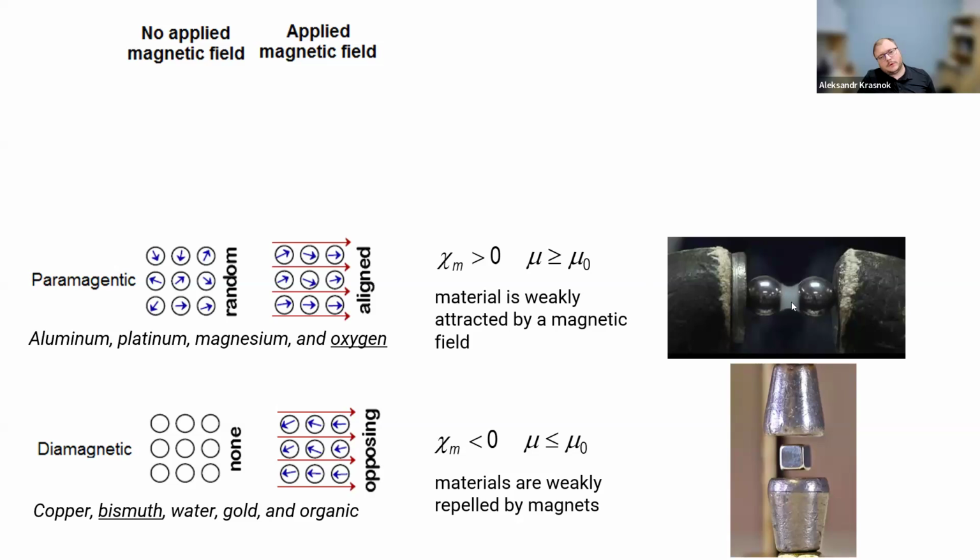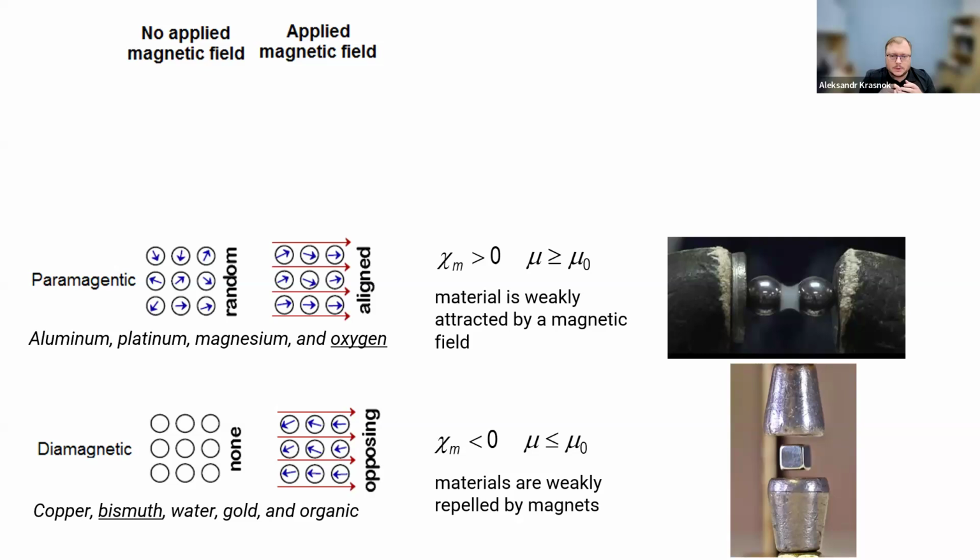Okay, so this is the small gap between two spherical particles. And then here in the middle, this white thing is nothing but liquid oxygen. Okay, so liquid oxygen, or just oxygen, is a typical substance with a paramagnetic response, paramagnetic property.